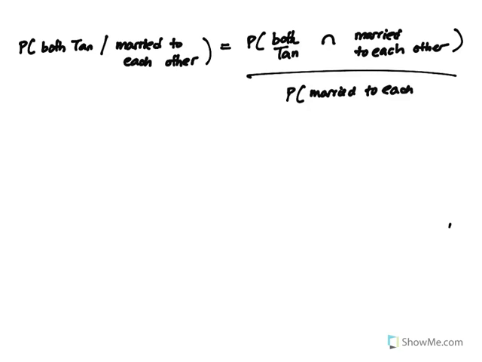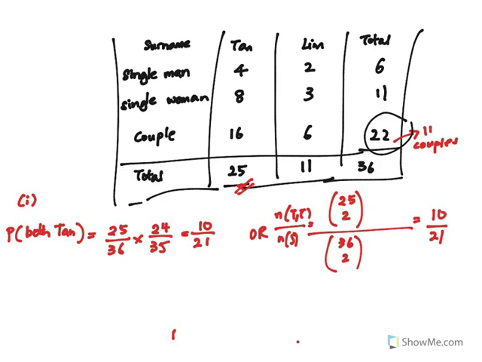If we look at this probability carefully, you can see that this is nothing but the answer from part 2. So what's the answer from part 1? The answer is that both have surname Tan and they are married to each other.